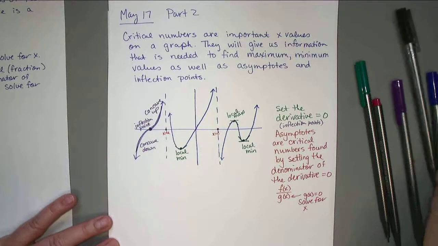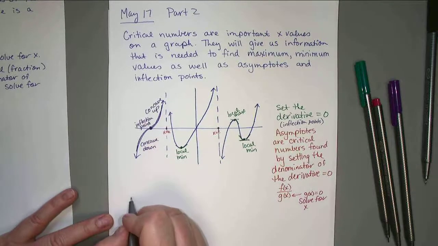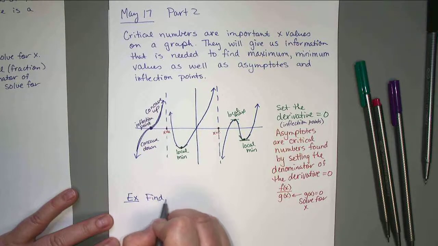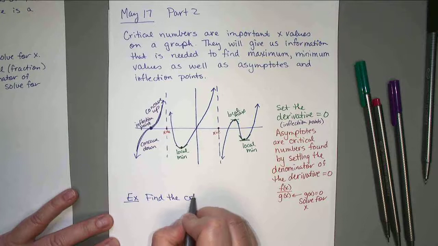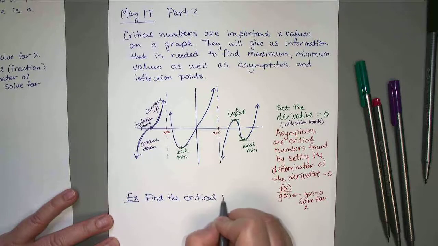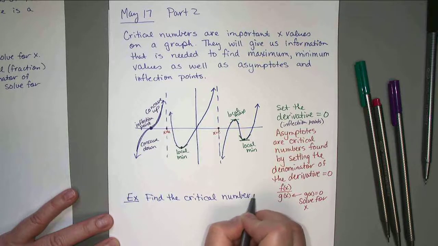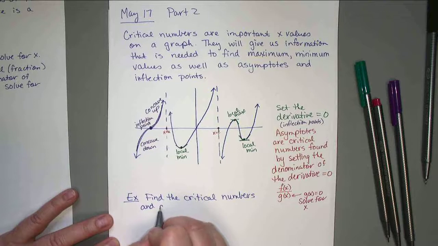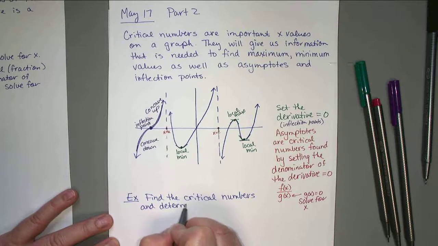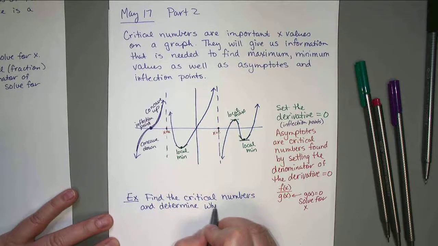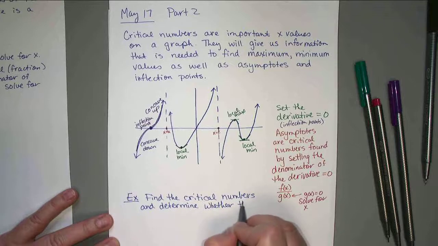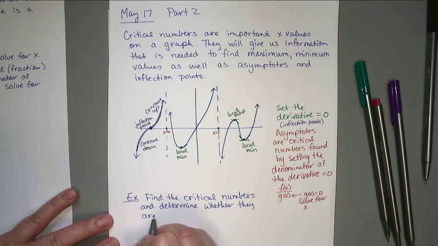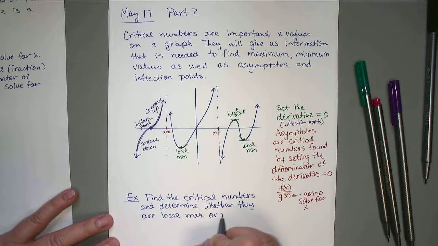Okay, so basically we're going to say find the critical numbers and determine whether they are local max or mins or neither.